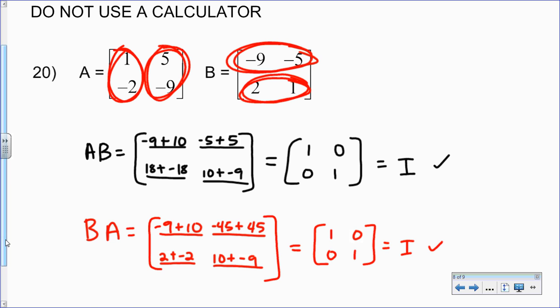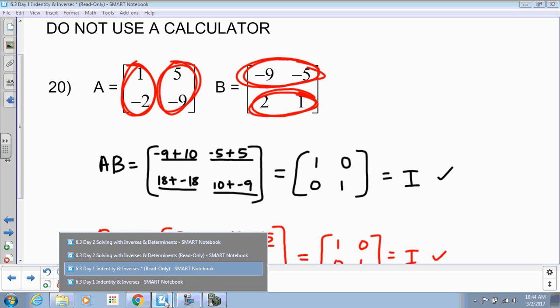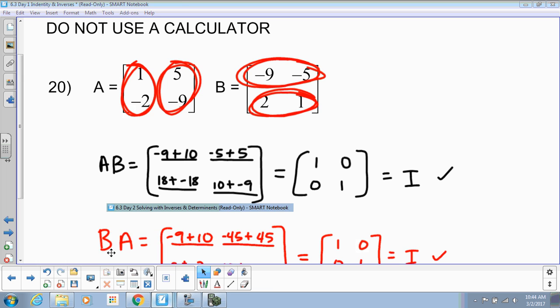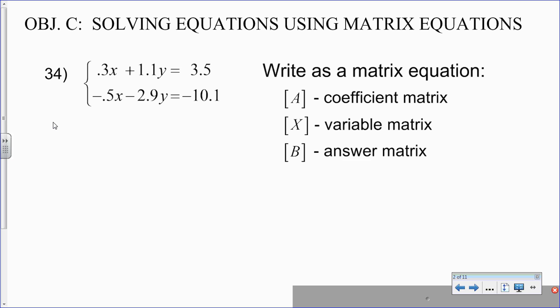Okay, so let's see why we want to find inverses. We can use inverses to help us solve systems. And this is, I think, the fastest and easiest way to solve systems.